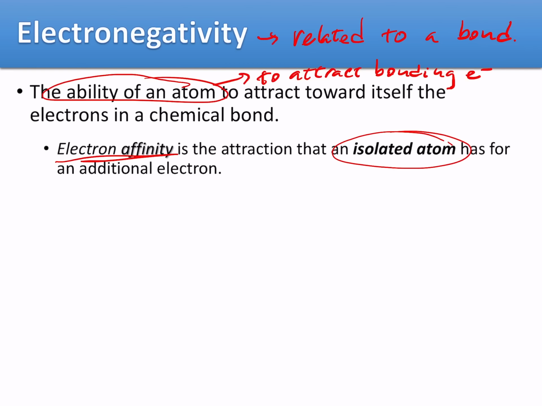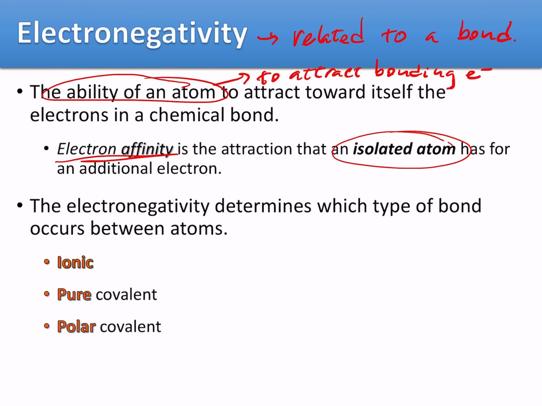Electronegativity restricts those electrons to be part of a bond, so there is the presence of another atom there, and electronegativity is how much that atom, or one of those atoms, can pull those electrons to itself. Now, this electronegativity is really important because it will tell us what type of bond is formed. So we have ionic, and all of this has to do with the difference in electronegativity.